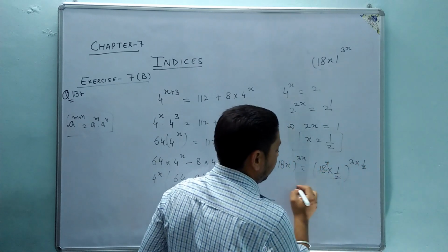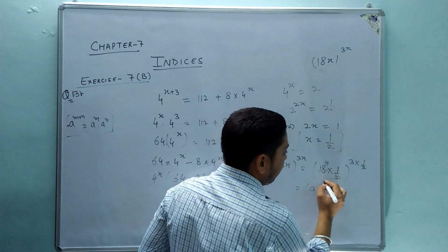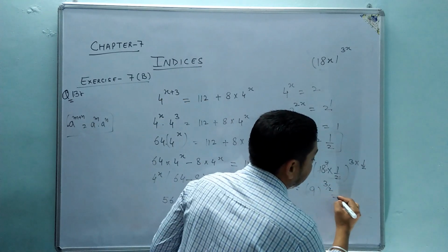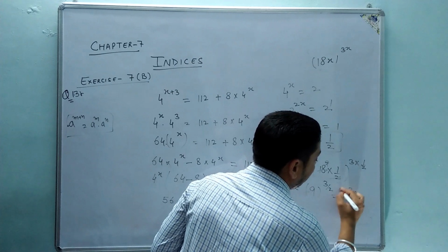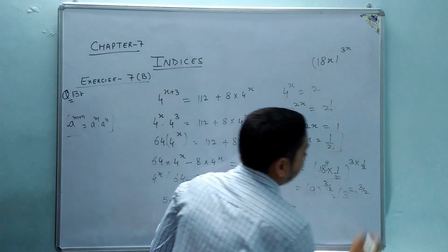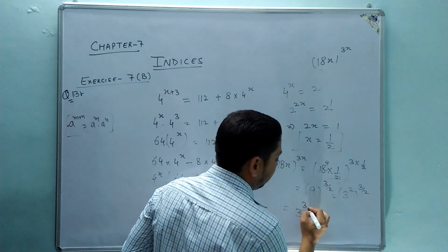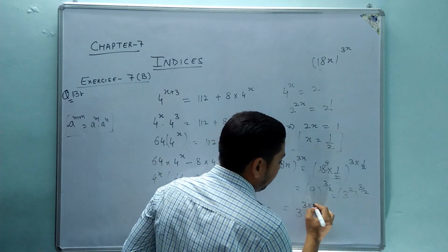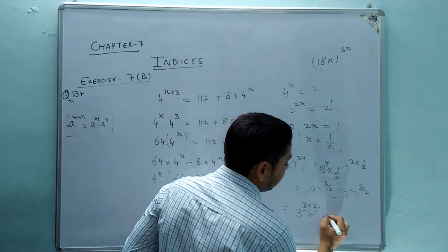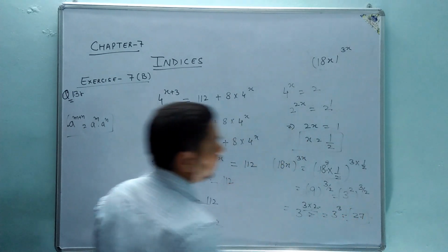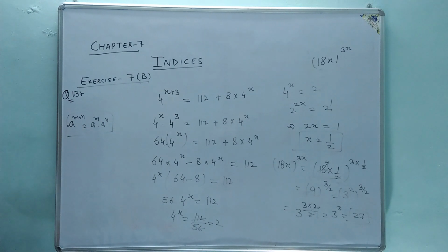It will give you 9 raised to power 3 by 2. 9 again can be written as 3 raised to power 2, so 3 raised to power 2 into 3 by 2. This is equal to 3 raised to power 3 into 2 over 2. The 2s cancel, that is equal to 3 raised to power 3, which is 27. 27 is the answer of this.